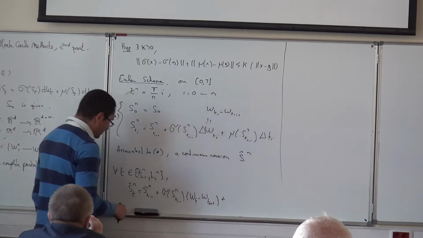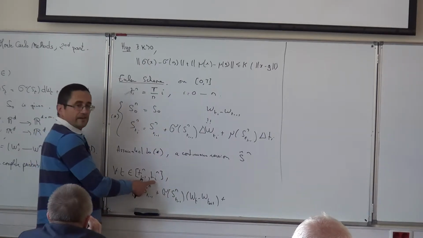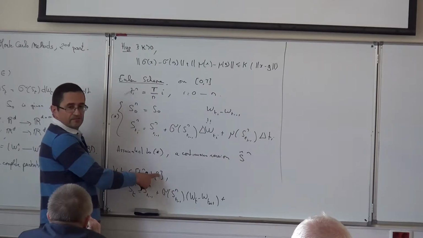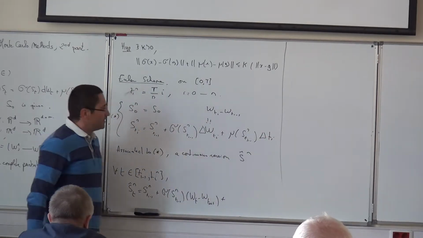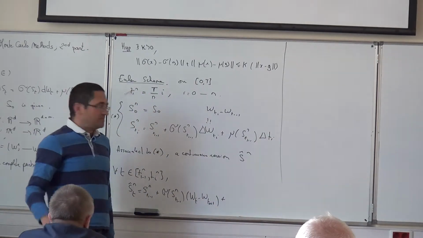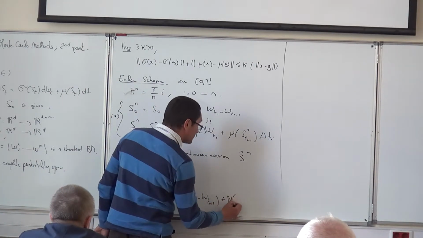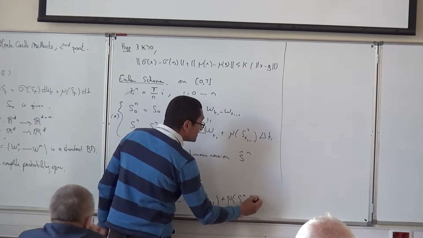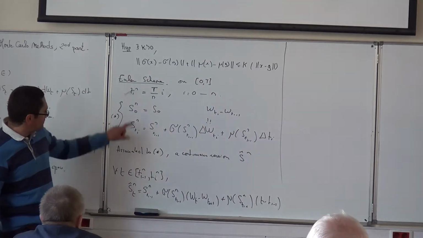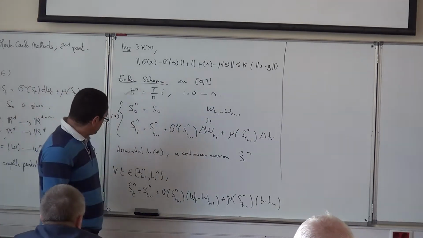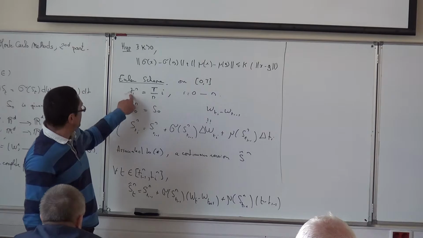Actually, we want to join the points S^n_{t_{i-1}} and S^n_{t_i} by a continuous process through the Brownian motion and the identity function, time. You observe that these two processes coincide at the discrete dates t_i.